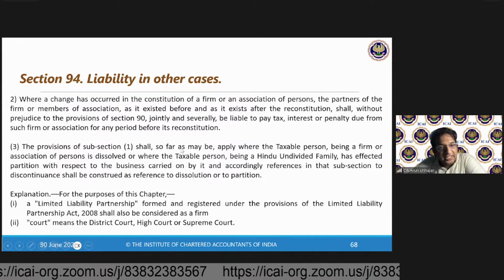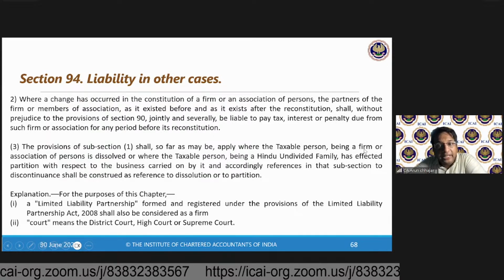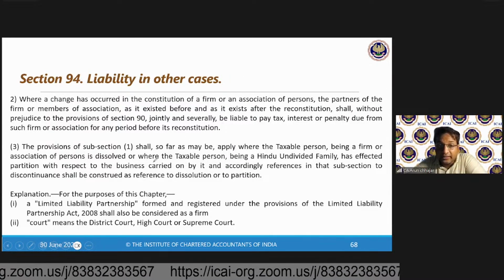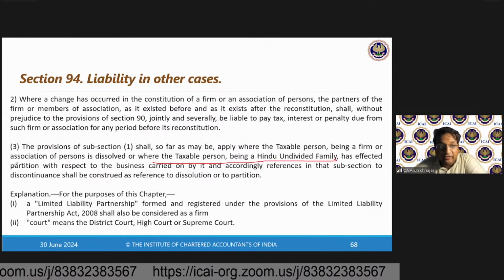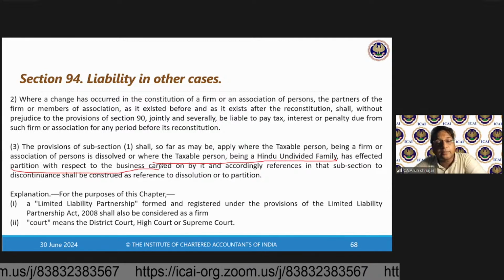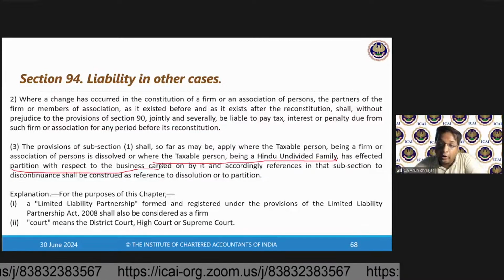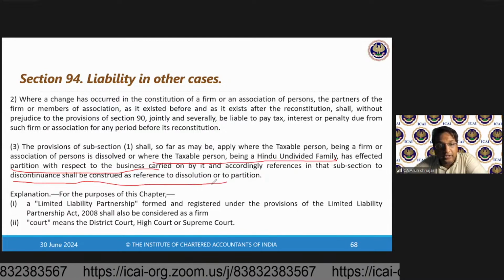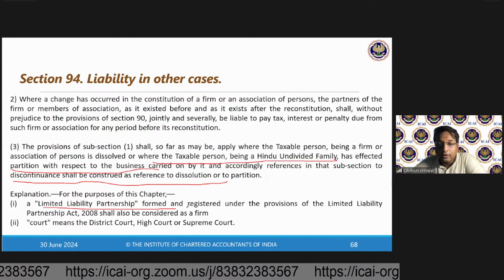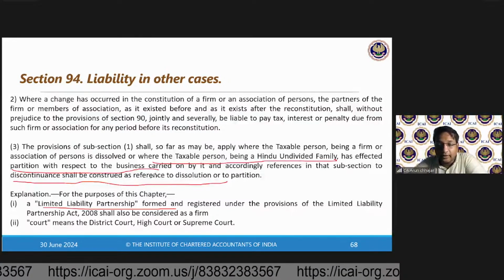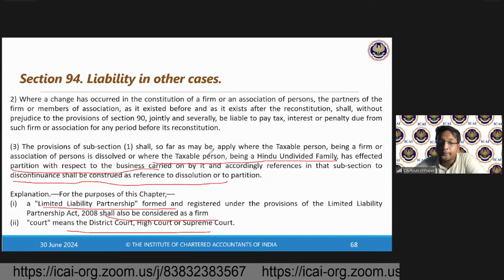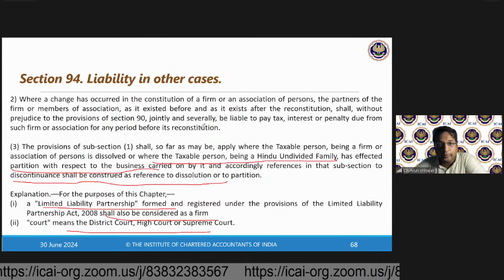The provision of subsection 1 shall so far apply where the taxable person, being a firm or association, is dissolved, or where the taxable person, being an HUF, has effected partition with respect to the business carried on by it, and accordingly the reference in that subsection to discontinuation shall be construed. An LLP under the provisions of the Limited Liability Partnership Act shall also be considered a firm, and court includes district court, high court, and Supreme Court.